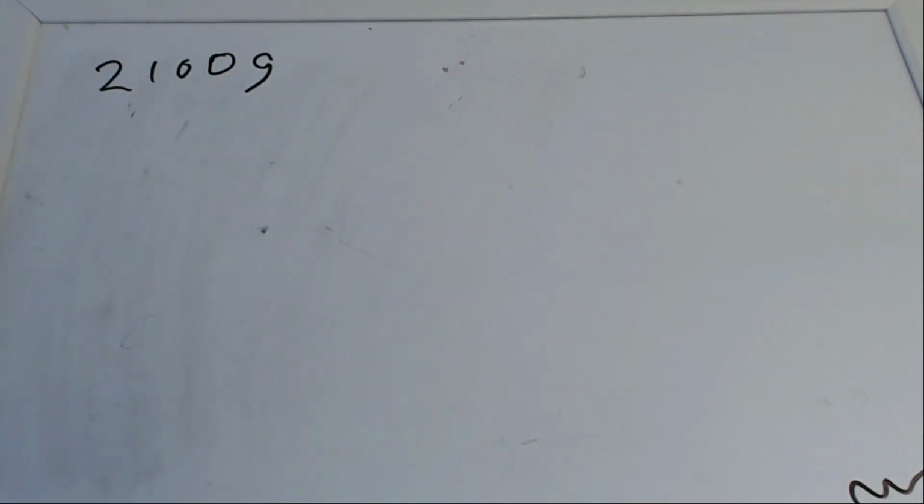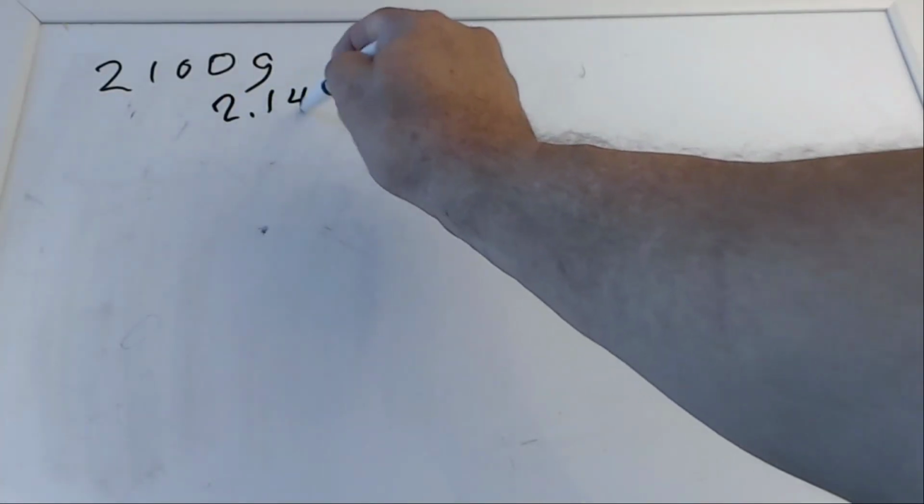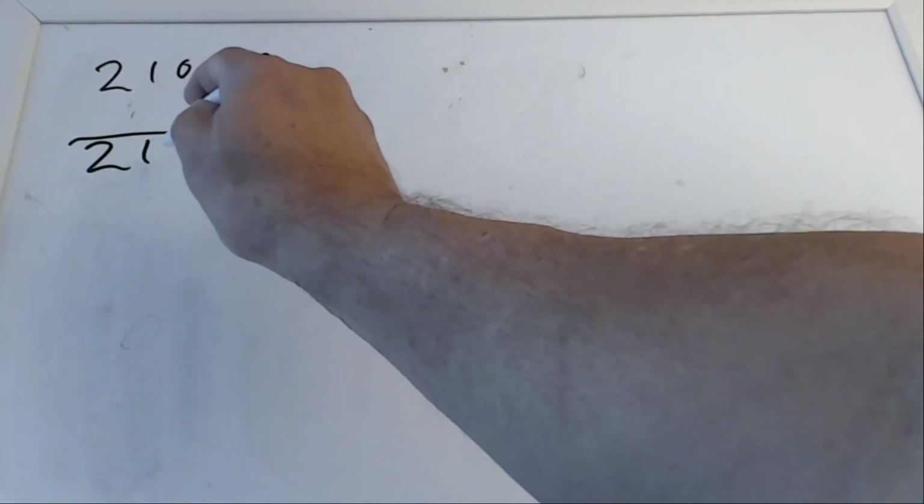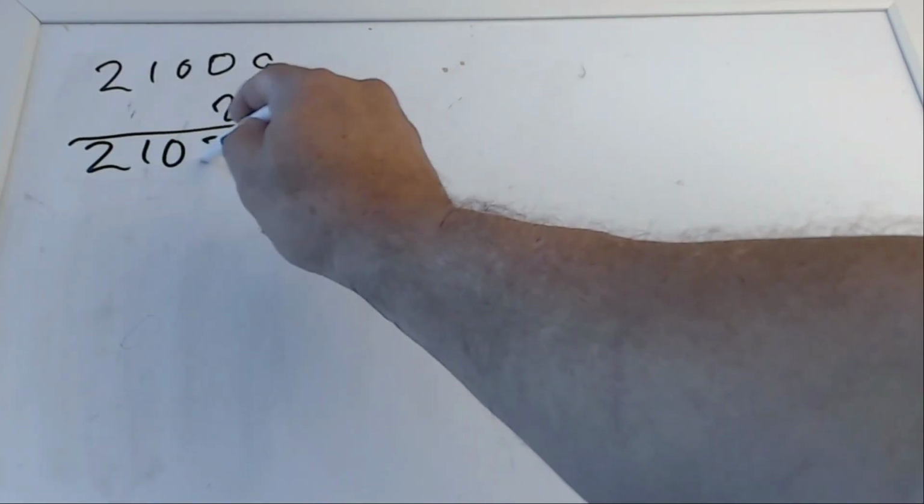Okay, I have a little whiteboard set up here. Let's talk about our measurements of mass. So when we measured the mass with all those calibrated ones, we came up with 2,100 grams. And on the beam, we had 2.14 grams, and if we add them up, it's 2,102.14 grams.